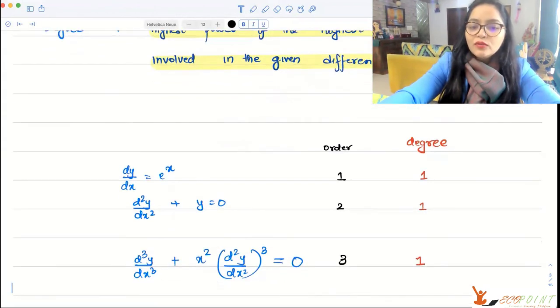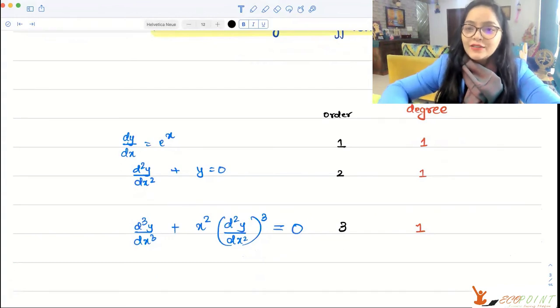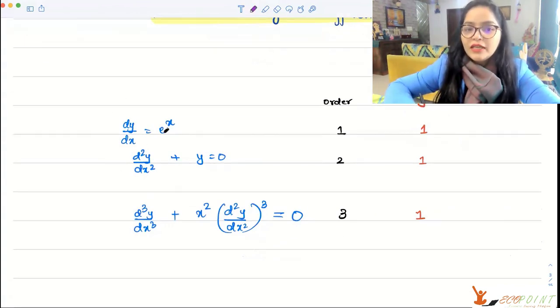Now, I would also like you to find out the degree in the case of previous examples. I had given you the example dy by dx equals e to the power x. The highest order of derivative is dy by dx, so the order is 1 and the degree is also 1. Now d2y upon dx square plus y equals 0.